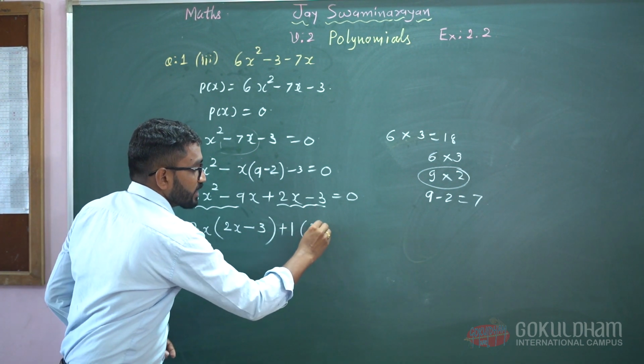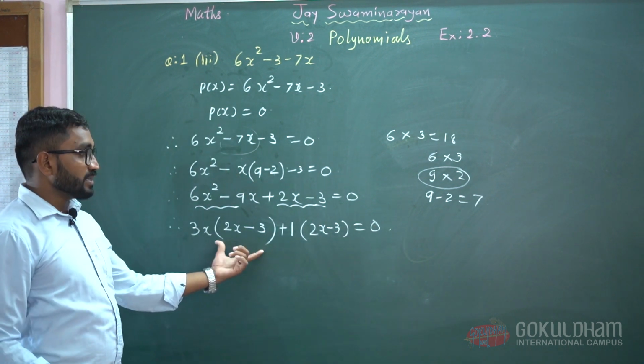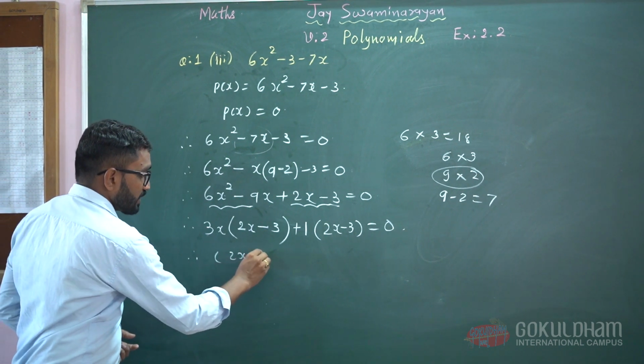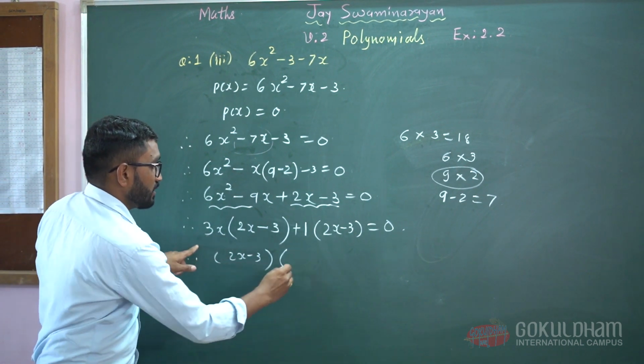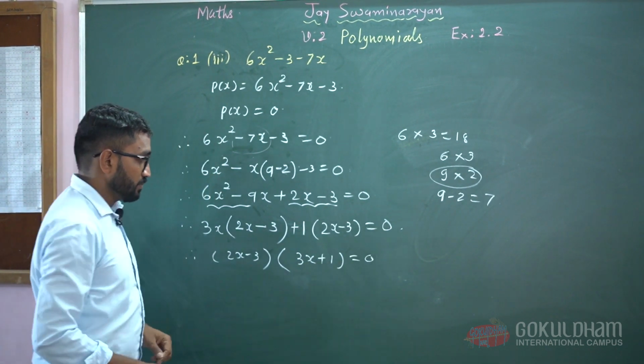And 2x minus 3 is equal to 0. 2x minus 3 is common, therefore 2x minus 3 in one bracket and 3x plus 1 in the other bracket equal to 0.